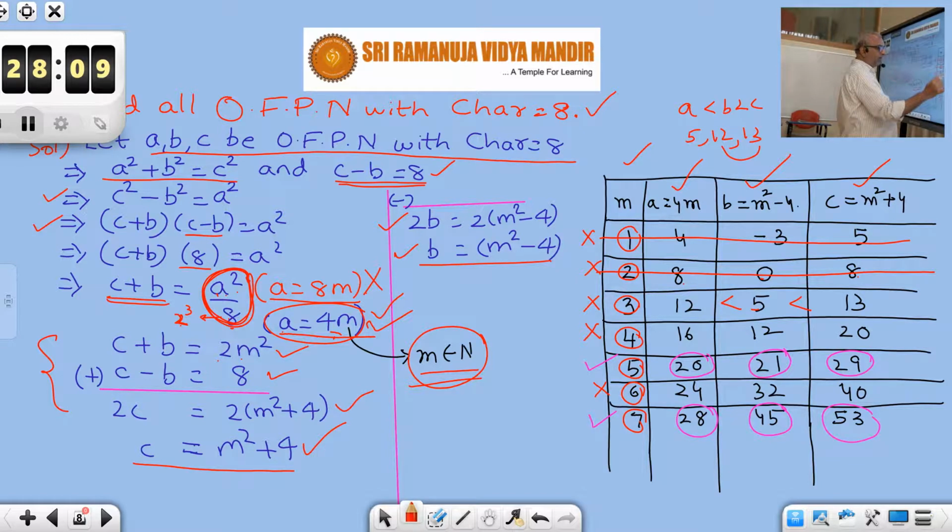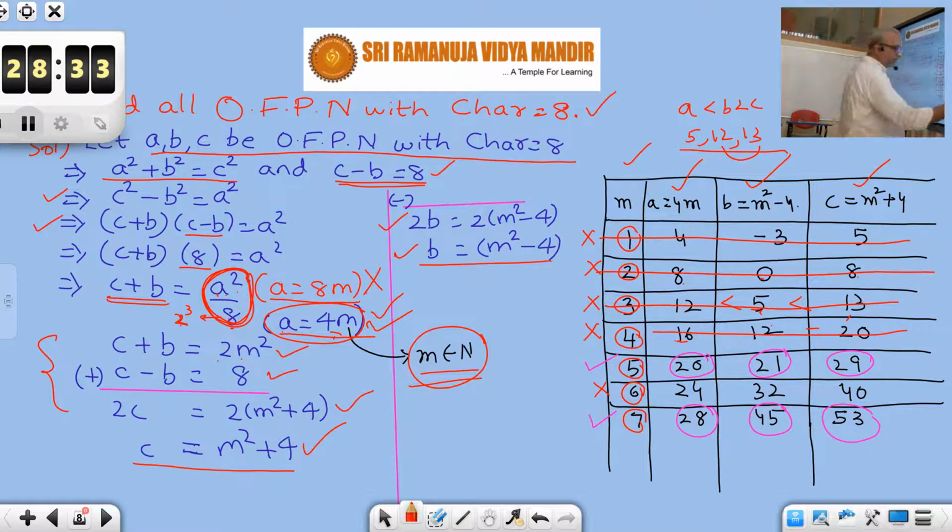If you write 5, 12, 13 as 12, 5, 13 and say 13 minus 5 is equal to 8, that is not correct. First you have to put the numbers in order. So there is no order here, these are not OFPN. Similarly here, 16, 12, 20, there is a common factor 4. So these are not correct.